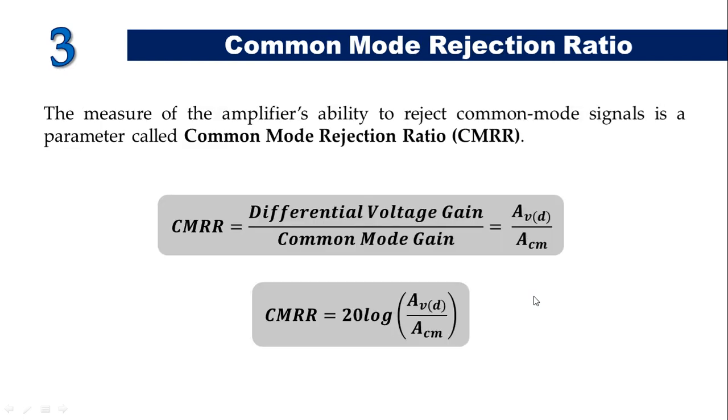So next, we're going to discuss common mode rejection ratio. Ano ba yung common mode rejection ratio na yan? Okay? So, before I discuss kung para saan yan or ano, let me define common mode rejection ratio. The measure of the amplifier's ability to reject common mode signals is a parameter called common mode rejection ratio or yung CMRR.